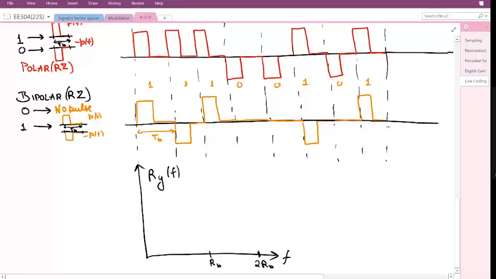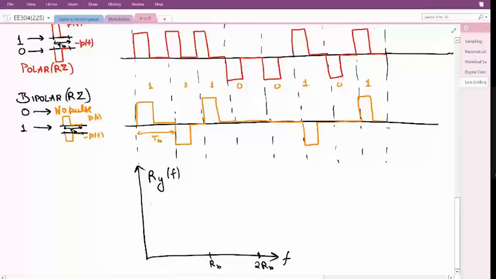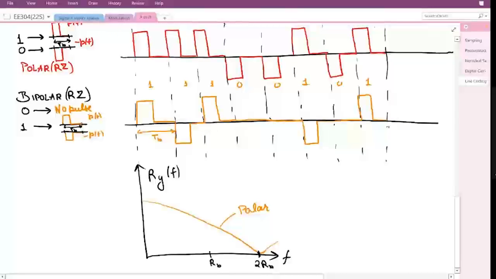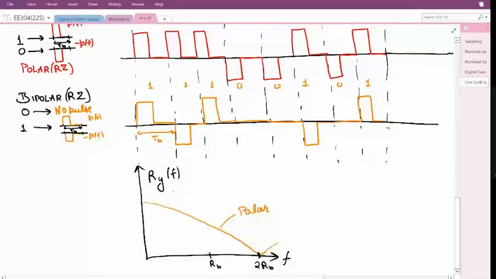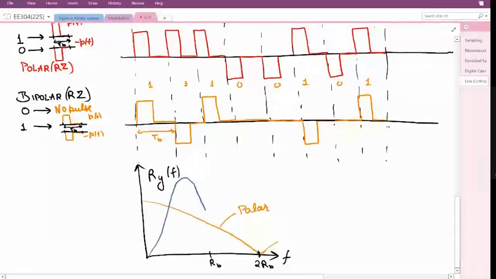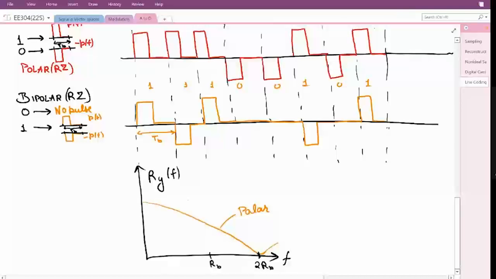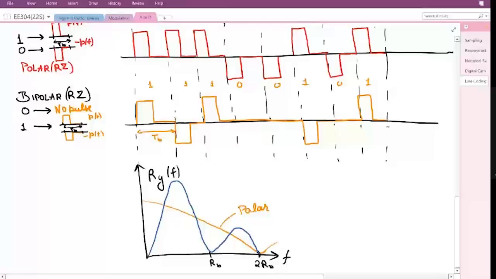So for polar, it comes like this, and then again goes up. So these are the polar cases. But for the bipolar case, it comes like this.